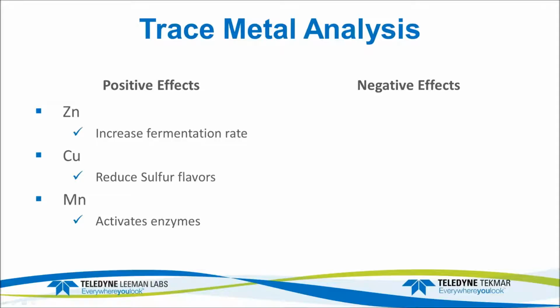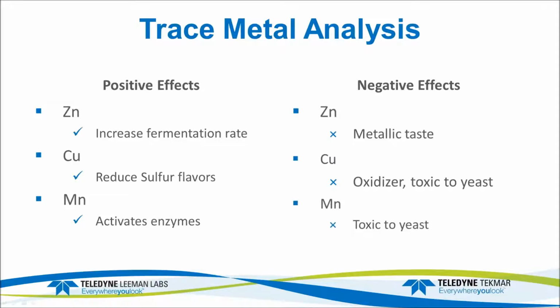Manganese can help activate some enzymes. But at high concentrations, zinc can introduce a metallic taste to the product. High concentrations of copper are toxic to yeast and also oxidize the product, causing shortened shelf lives. And manganese also can be toxic to yeast. And each of these metals also has other effects, positive and negative, just looking at a few.